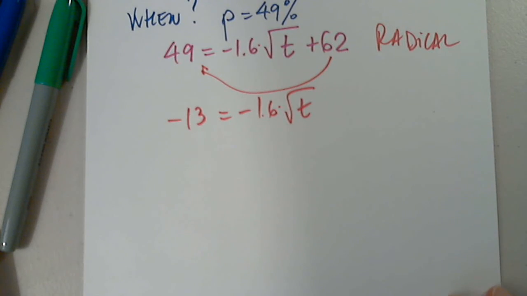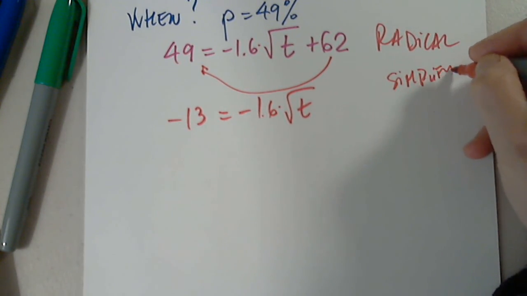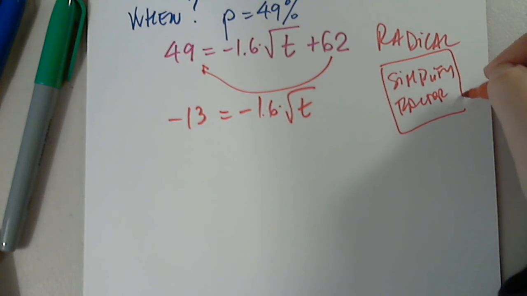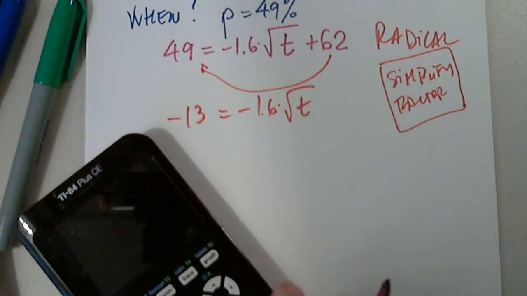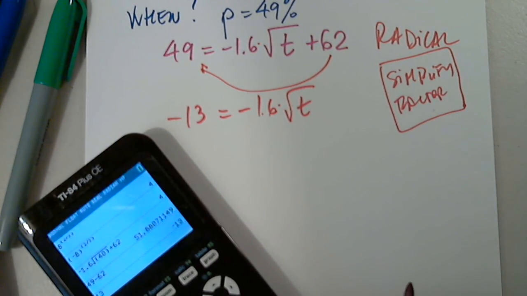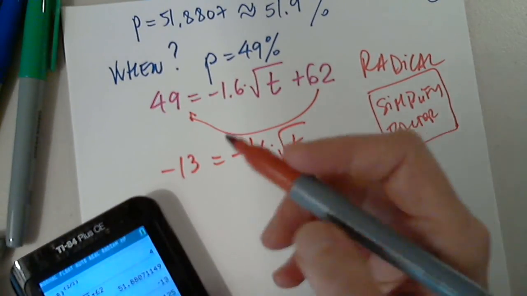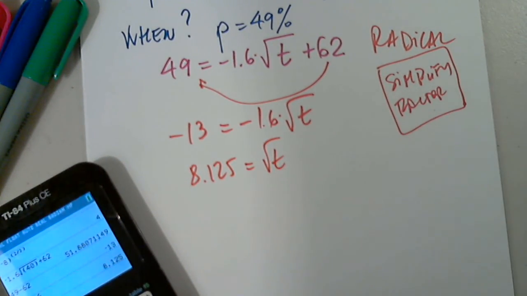Okay, next. What would you recommend next? Always keep in mind, simplify and factor. Divide by negative 1.6. Indeed, absolutely. So 13 divided by 1.6, because they are both negative, is 8.125. Great job. Final step.